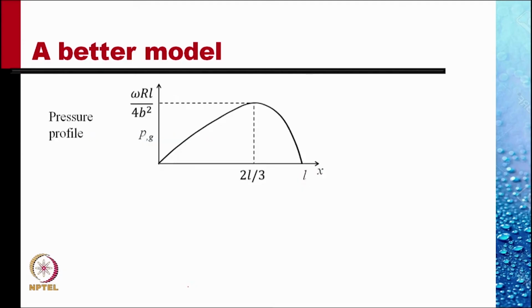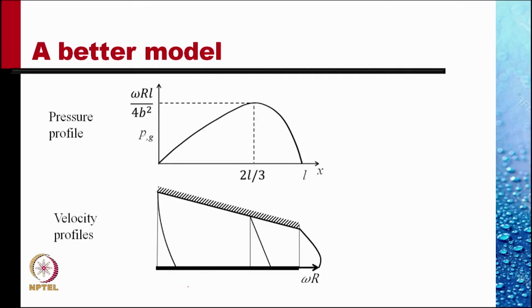And if we do this, we get a pressure profile like this. In this, the maximum pressure is equal to omega R L divided by 4 B square and occurs at 2/3 the length from the left end. B is the average depth of the channel.